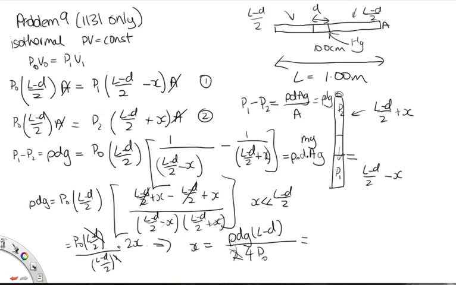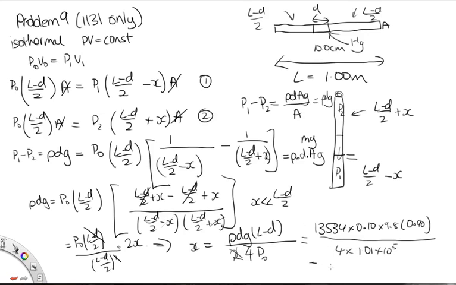Okay, now we need to look up the density for mercury. In kilograms per meter cubed, it's 13,534, times d, which is 0.10, times g, which is 9.8, times L minus d, that's 1 meter minus 10 centimeters, so that's 0.90, all over 4 times, initially it was at atmospheric pressure, so that's 1.01 times 10 to the 5.